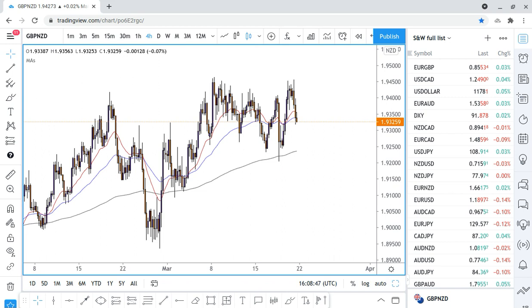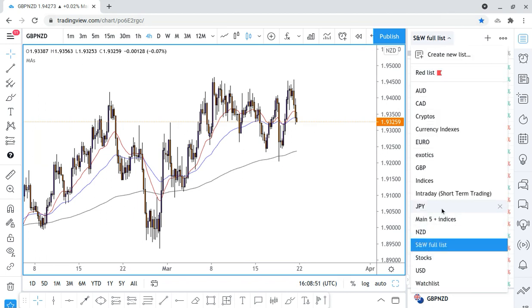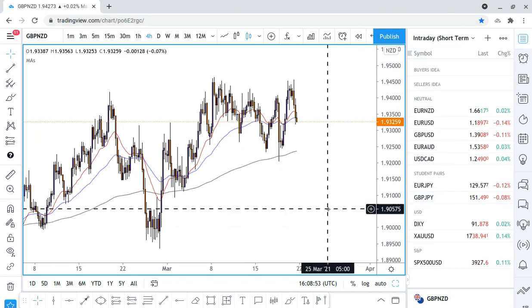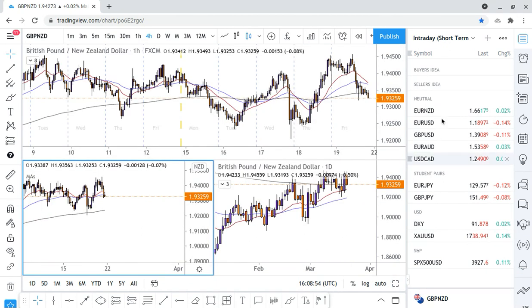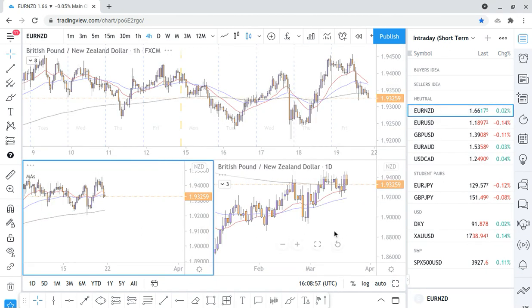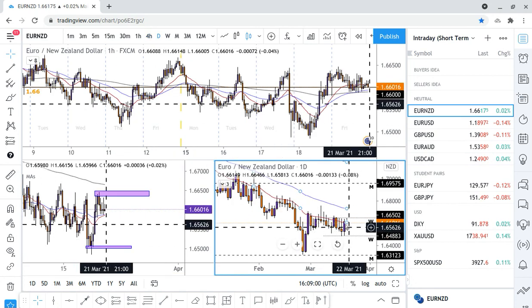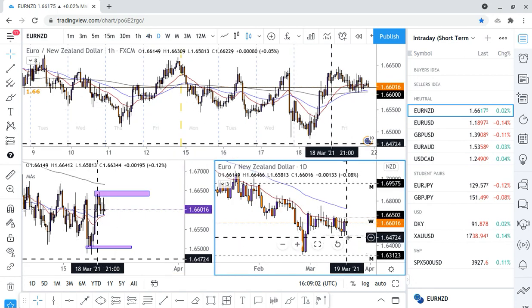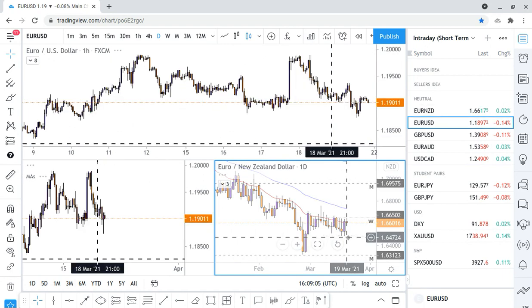Now that has translated into weekly candles that are sideways, not very much momentum on the main pairs that I trade. So as you can see here, sideways, the Euro New Zealand was horrific on the 4 hour.